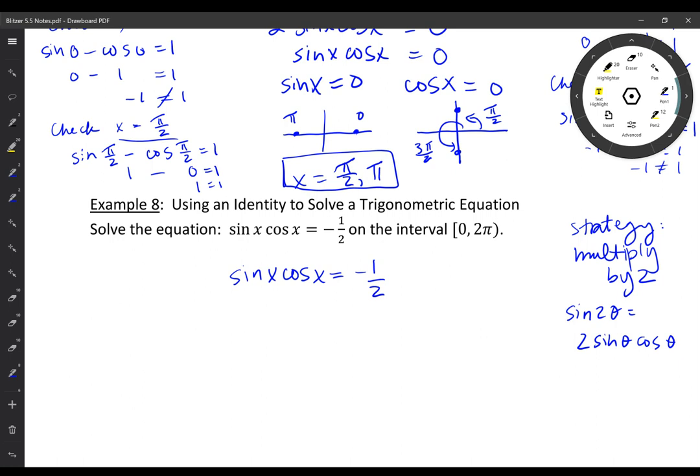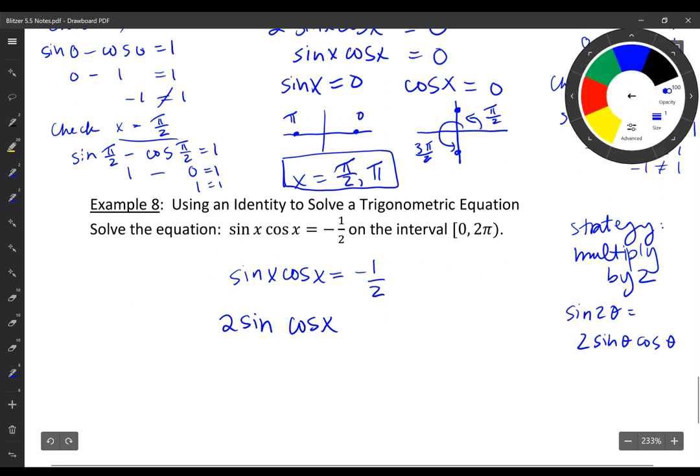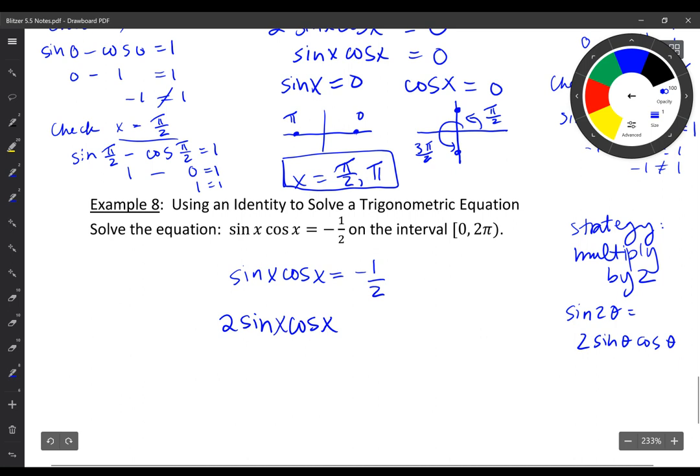So when I multiply both sides by 2, I have 2 sine x cosine x equals now negative 1 because we multiplied both sides by 2. And now I can go ahead and substitute. This is going to be sine of 2x now.